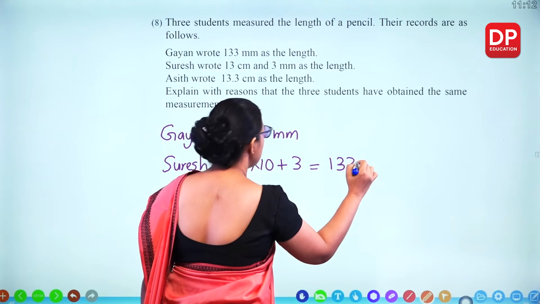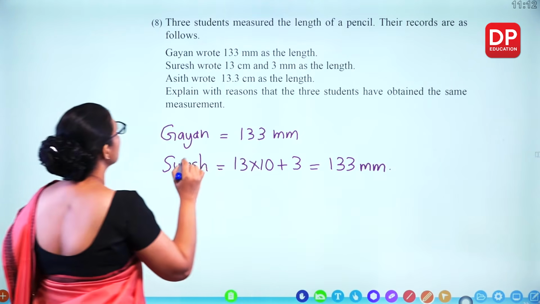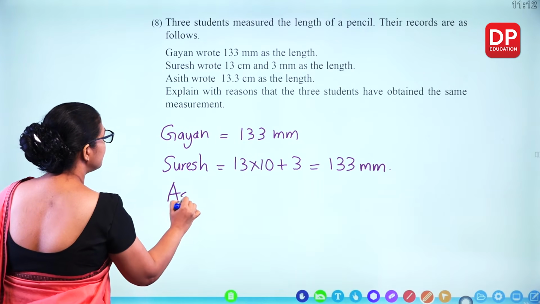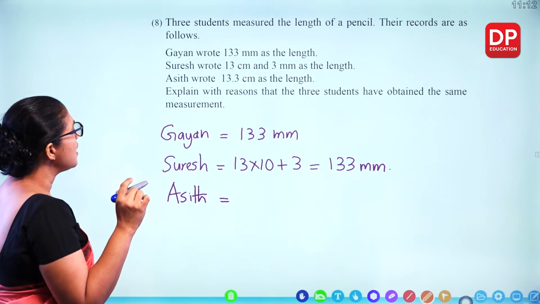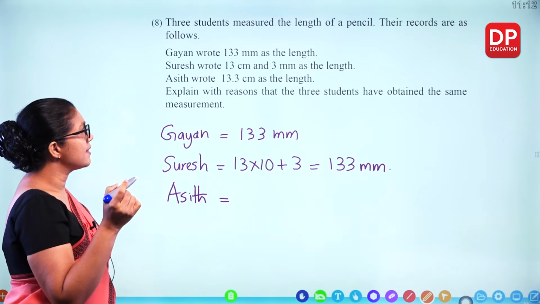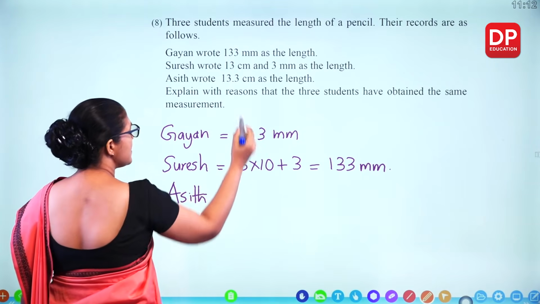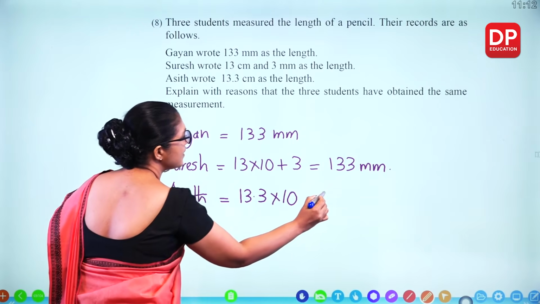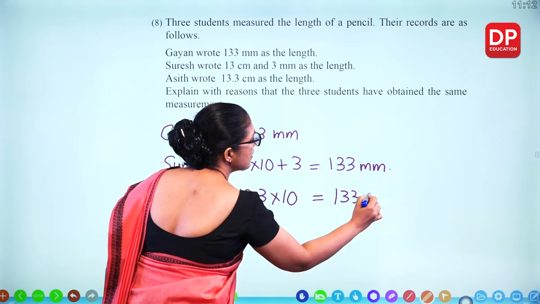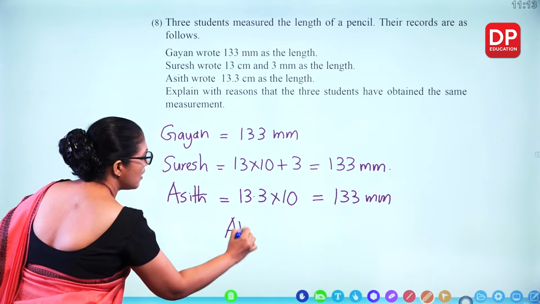So you get the same thing. Asit wrote 13.3 centimeters. That's multiplied by 10, move the decimal place 1 place to the right. You get 133. So all are the same.